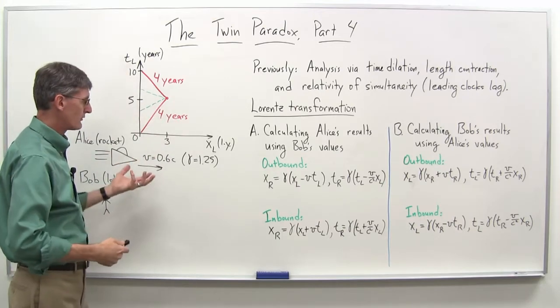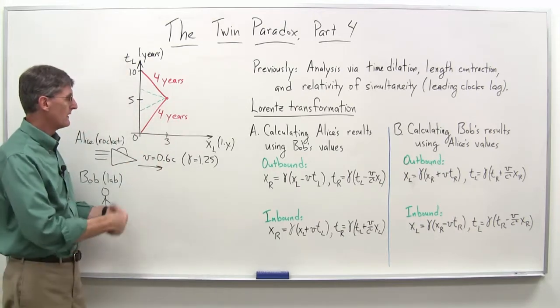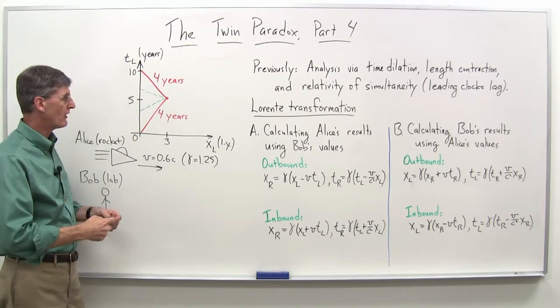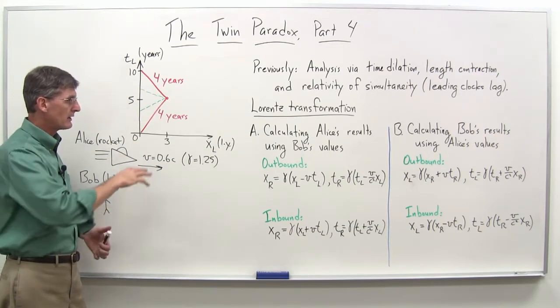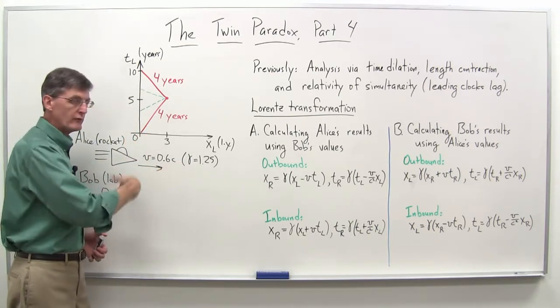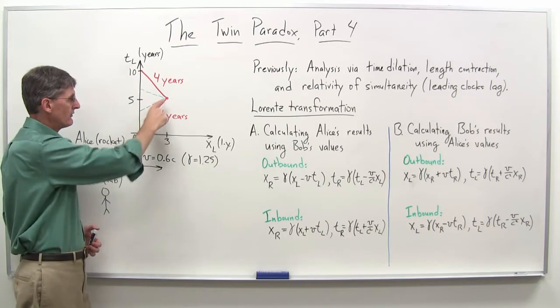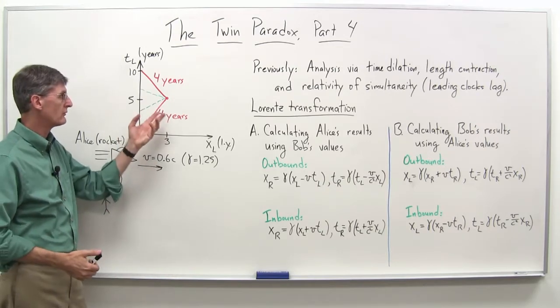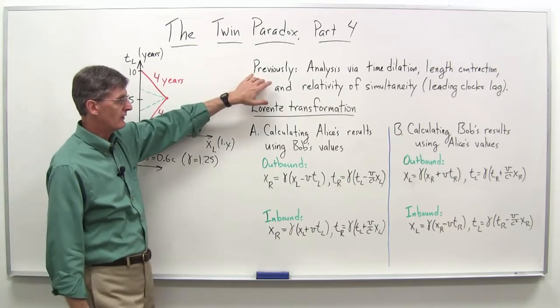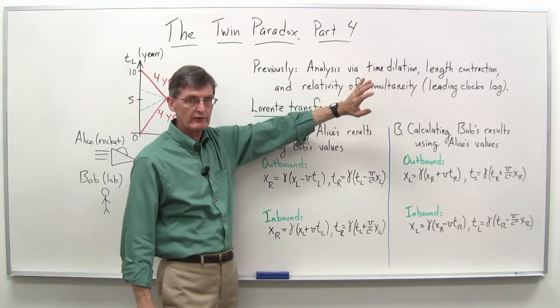So his analysis, remember, was fairly straightforward. He expects he'll see 10 years tick off on his clock, and because of time dilation, the 1.25 factor, 1 over gamma, he sees Alice's clocks tick off 4 years in each case. That was Bob's analysis via time dilation.